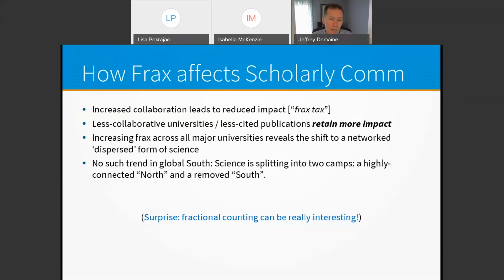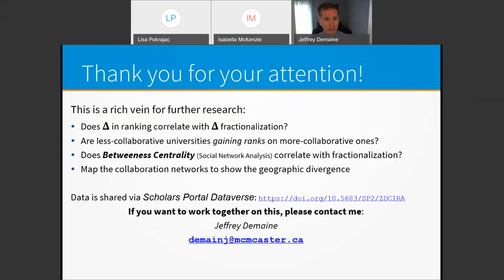So, in summary, how does fractionalization affect scholarly communication? Well, increased collaboration leads to reduced impact, our so-called Frax tax. Strangely, less collaborative universities or less cited publications retain more impact. Increasing fractionalization across all major universities reveals a shift to a sort of networked or dispersed form of science.